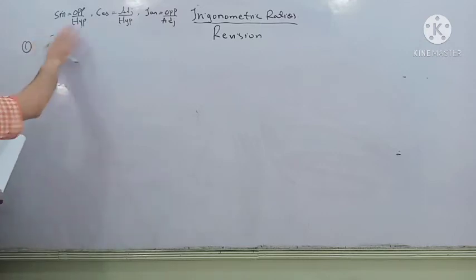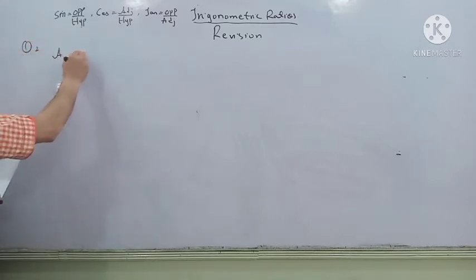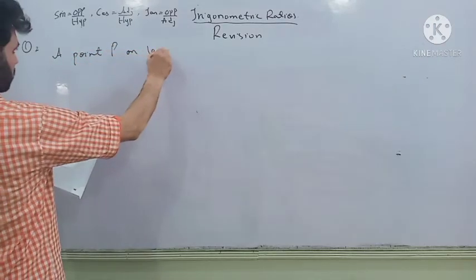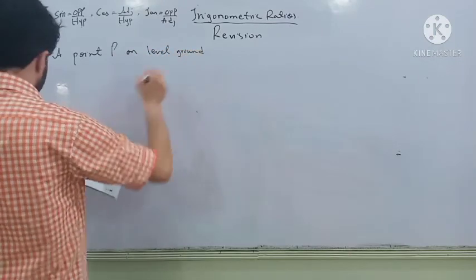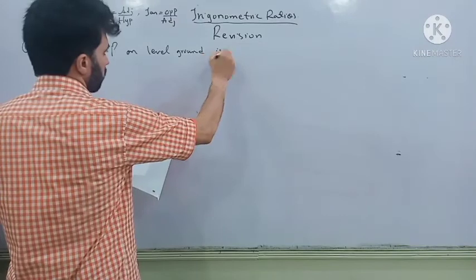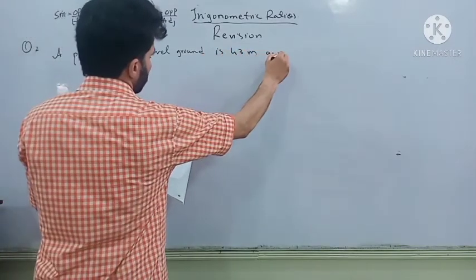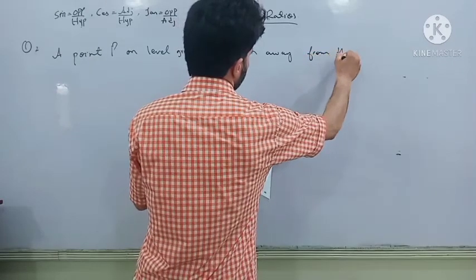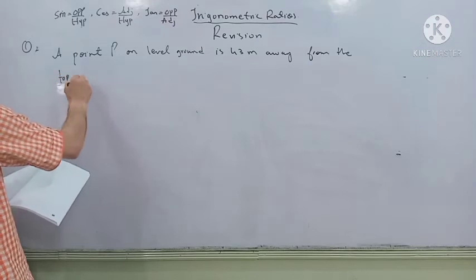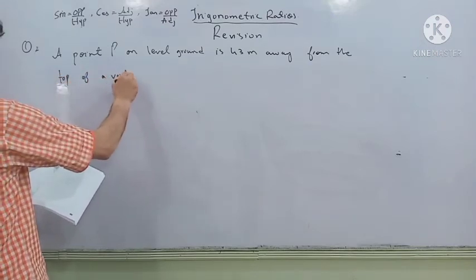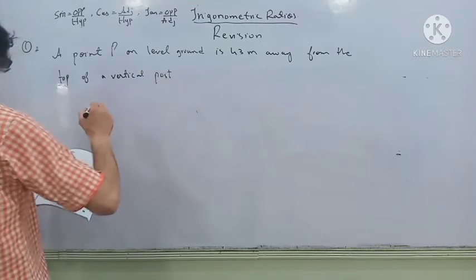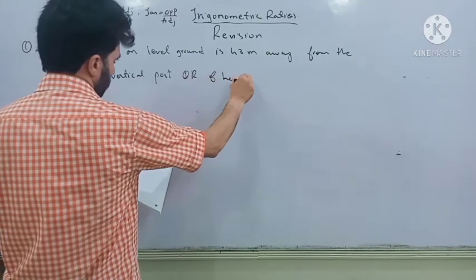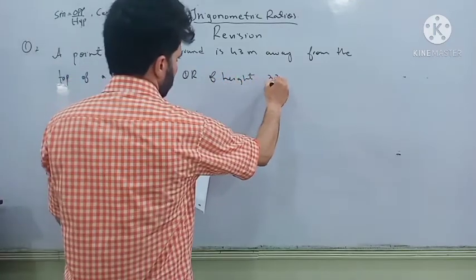Question number 2. A point P on level ground is 43 meter away from the top of a vertical post QR of height 32 meters.